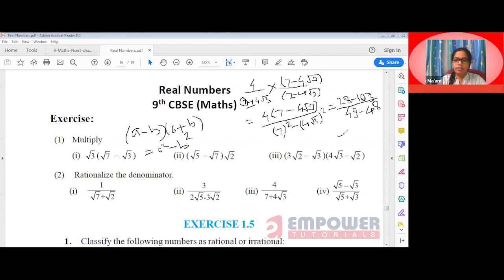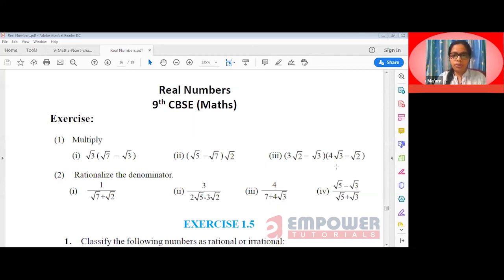Now next, so this will be 28 minus 16 root 3 upon 1. Very good. So the answer of this is 28 minus 16 root 3. Okay, so this will be the answer of the third one. This is how you have to solve.